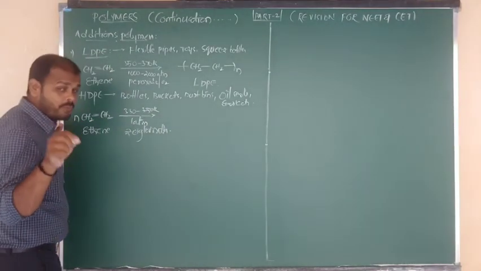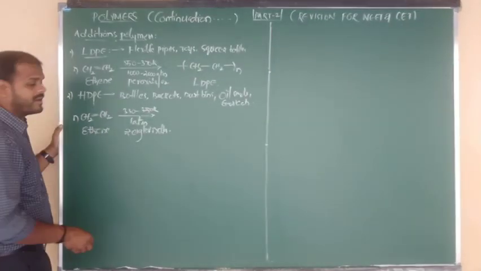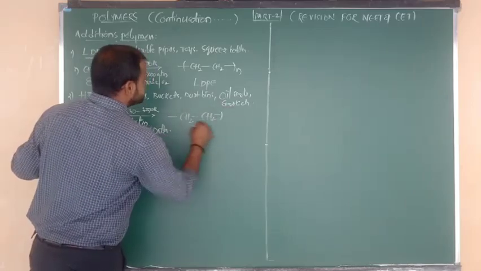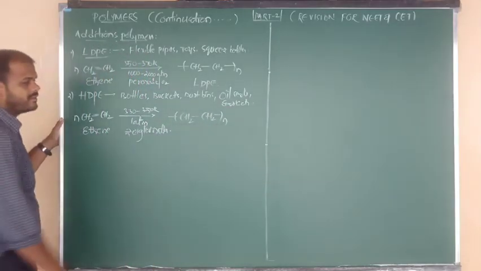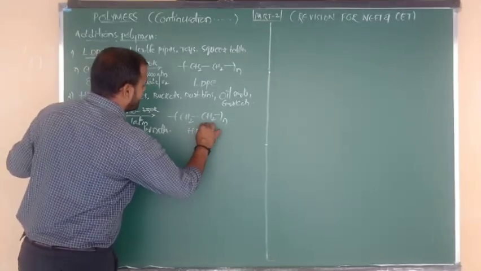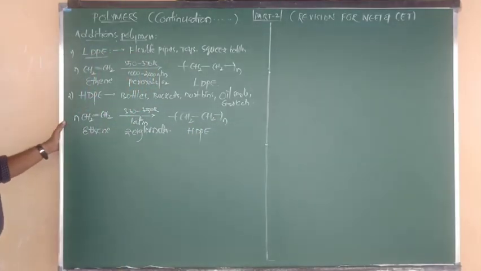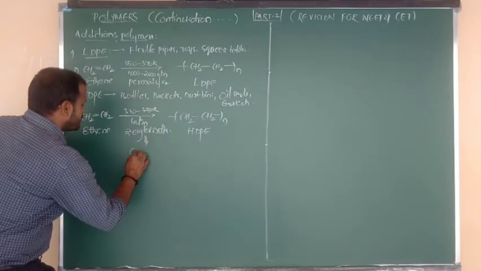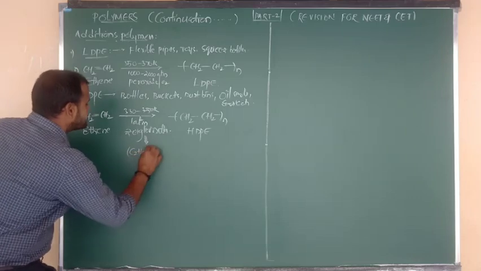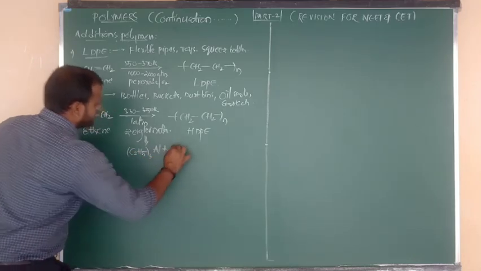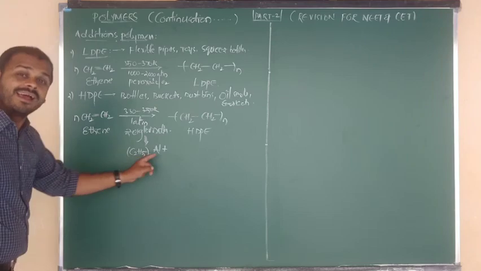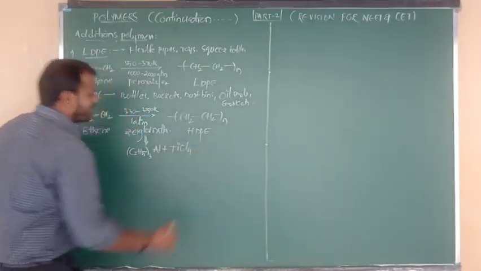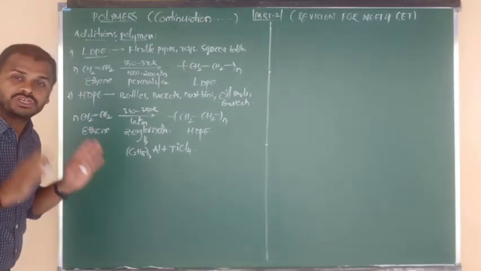I will give you the formula. I hope you may know very well, but once again you have to remember. Here also we get the same type of structure, the chain takes place continuously, and the structure is HDPE. Now, what is meant by Ziegler-Natta catalyst? The formula is (C2H5)3Al, triethyl aluminium, and TiCl4, titanium tetrachloride.